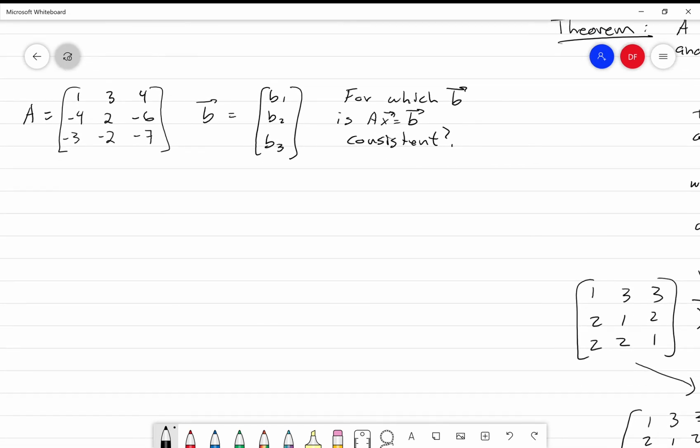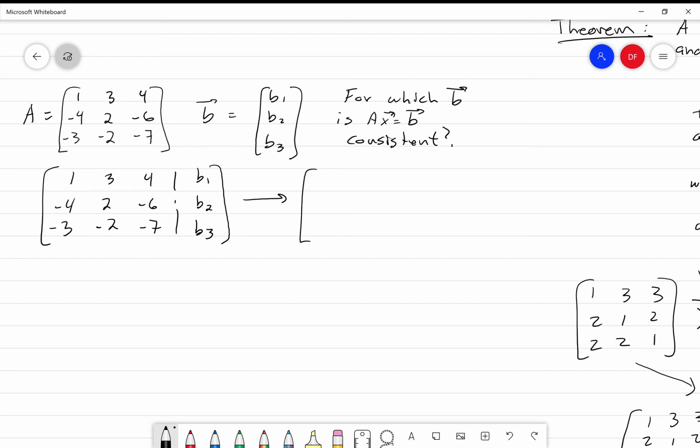So here we'll just make the following matrix. And we will row reduce this. And when we row reduce it and we simplify it, we'll end up getting the following.